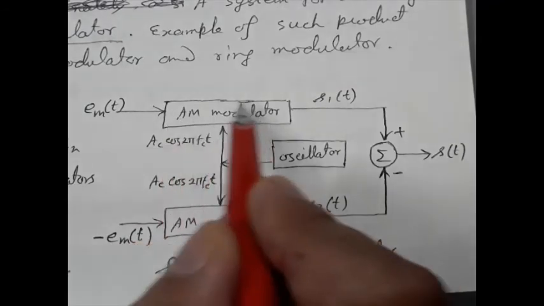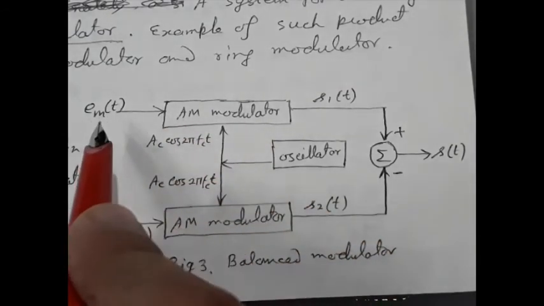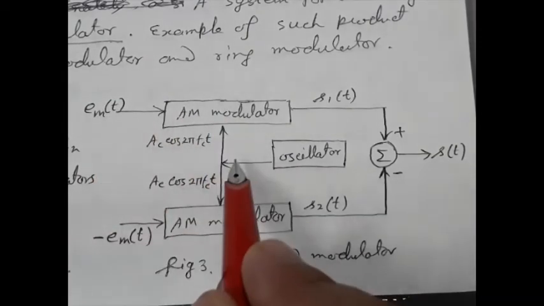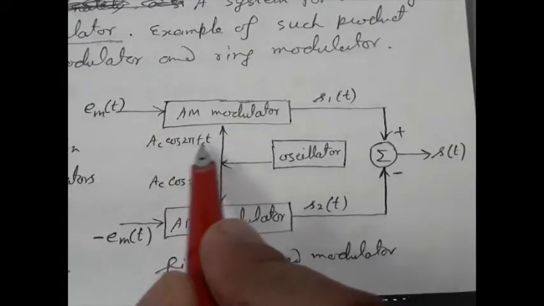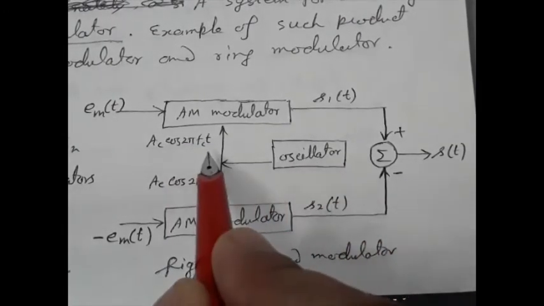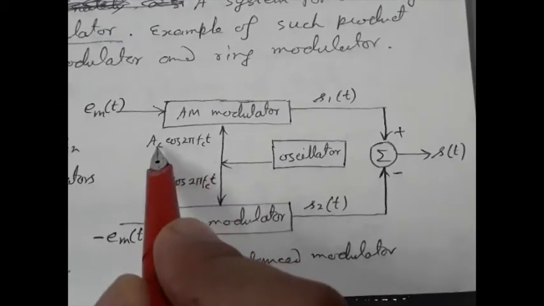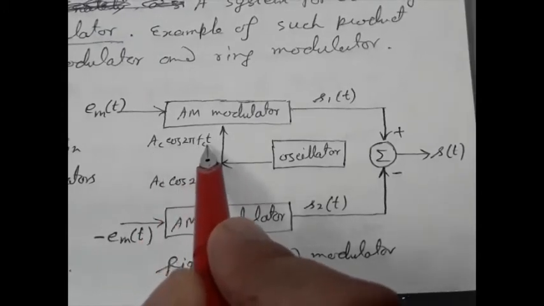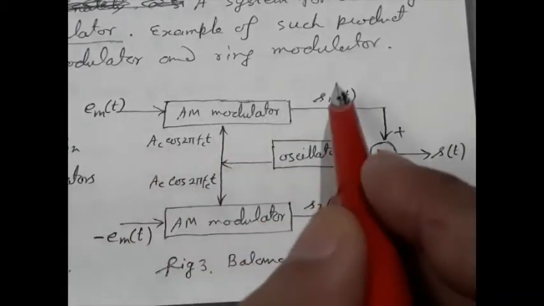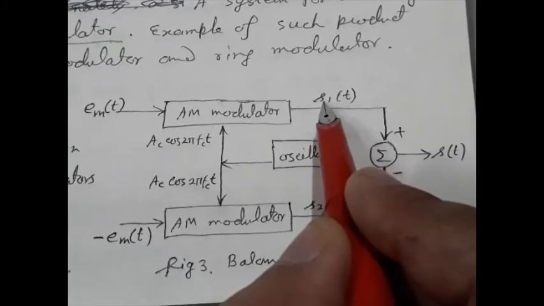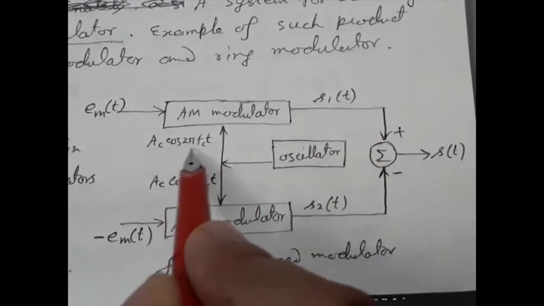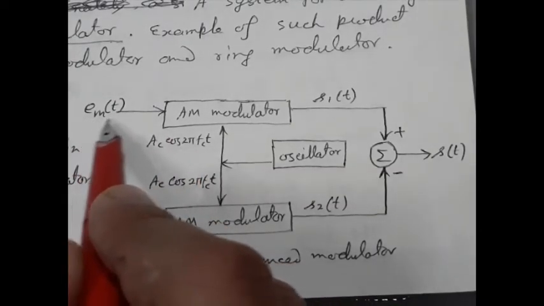In the first or upper modulator, we must have two signals: one is the message signal, another is the carrier. One oscillator produces this carrier signal, taken as Ac cos 2 pi fc t, and this AM modulator will produce an amplitude modulated signal with this carrier and this baseband.